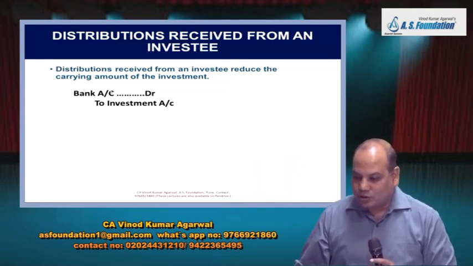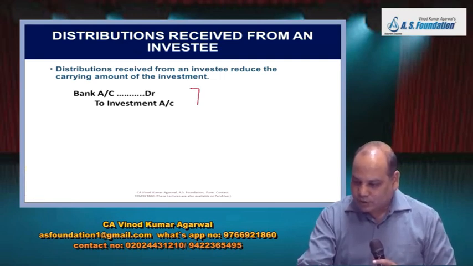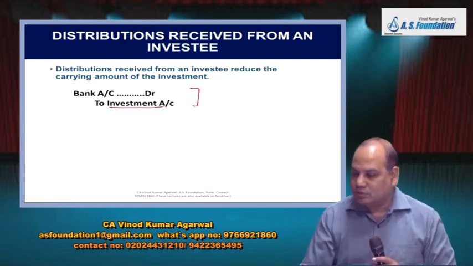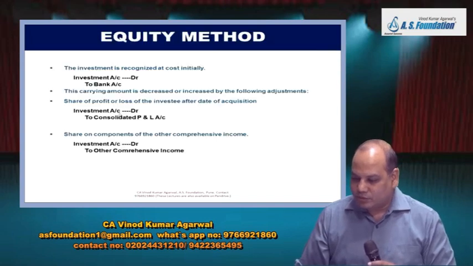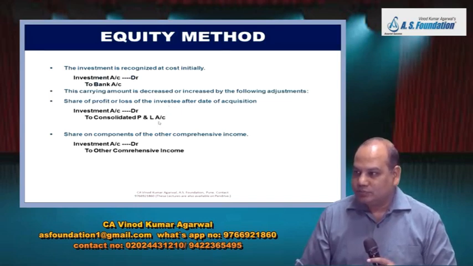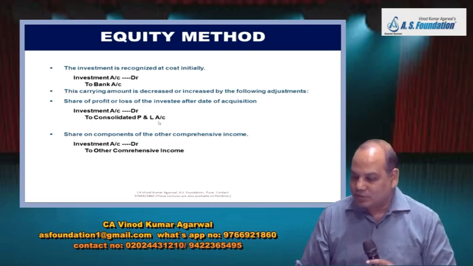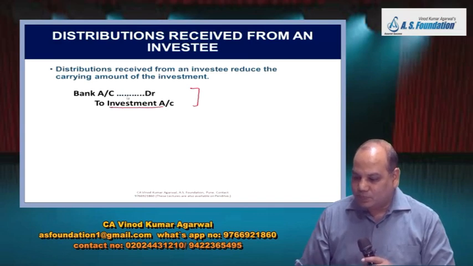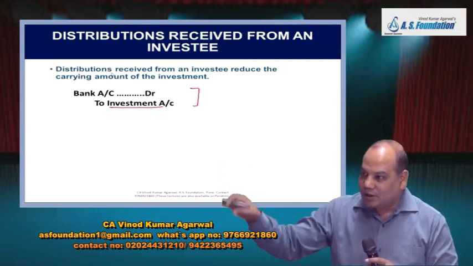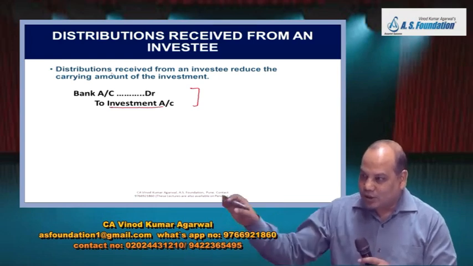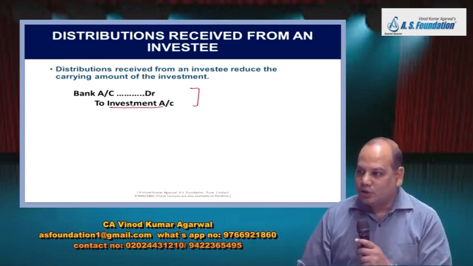Okay. So in this standard, bank account debit to investment, this sometimes causes confusion. Why are we crediting the investment account? Read the previous entry: investment to consolidated P&L account. When the investee earns profit, your share goes up in the net asset, so investment goes up. When the investee pays dividend, their net asset comes down, so your carrying amount of investment also will be reduced.